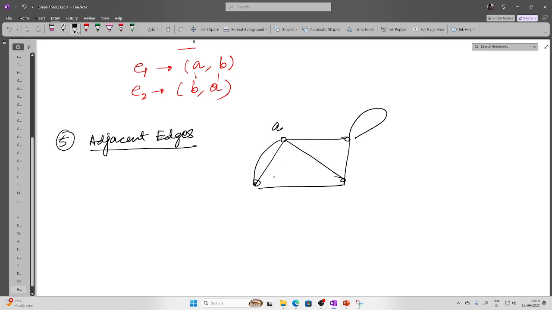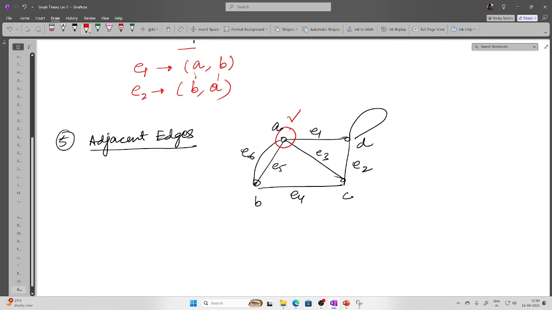Let's say it is A, this is B, this is C, and this is D. Now, if this is your E1, this is E3, this is E5, E6, E4, and E2, then what can you say about E1 and E3? What is common in E1 and E3? This vertex is common. Likewise, what is common in E3 and E5? Again, vertex A is common.